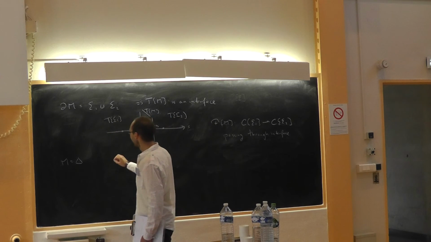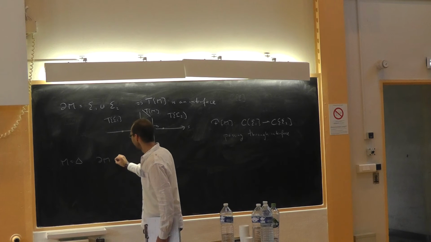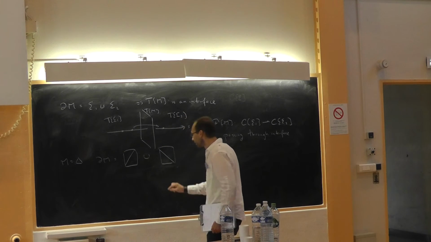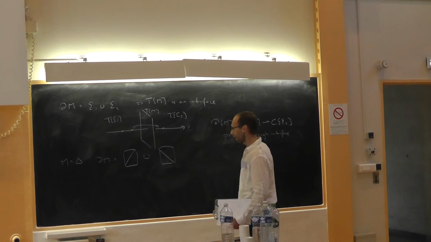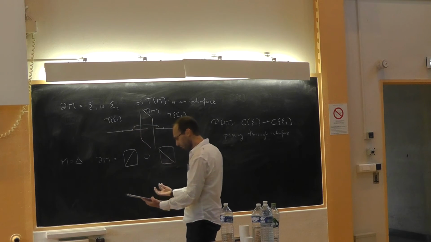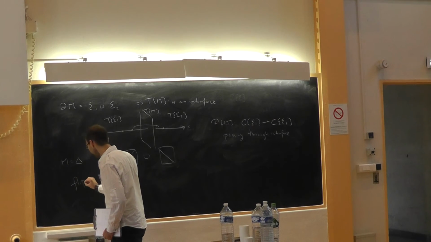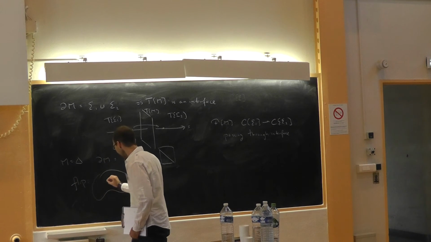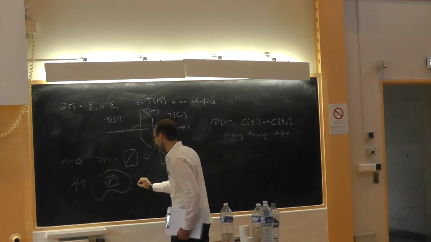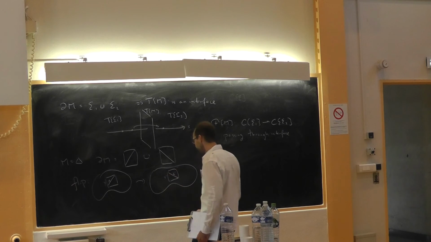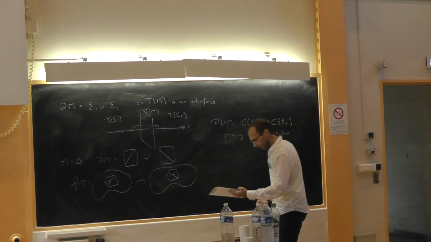So if M is a tetrahedron, we can think of the boundary of the tetrahedron as two triangulated squares, and then the cobordism through M is a flip, taking a triangulation of the surface that locally looks like that to a triangulation of the same surface that locally looks like that.